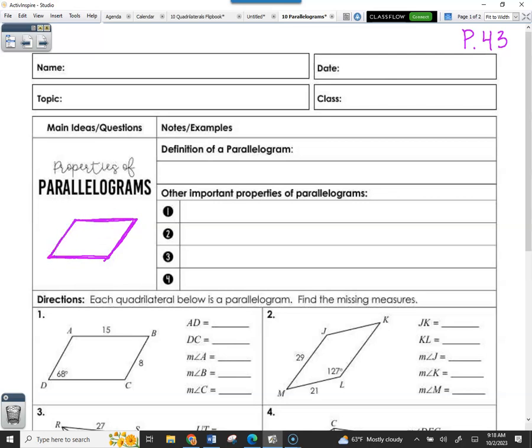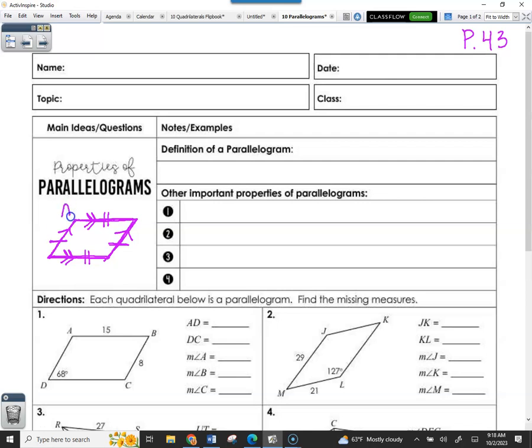And the main properties of a parallelogram: opposite sides are parallel. I'm going to do the arrows since I don't have a lot of room. Opposite sides are parallel, so that means parallel. Opposite sides are equal, so these straight tick marks mean equal. We're not going to try and draw info on the diagonals because then it's going to get crowded and confusing.